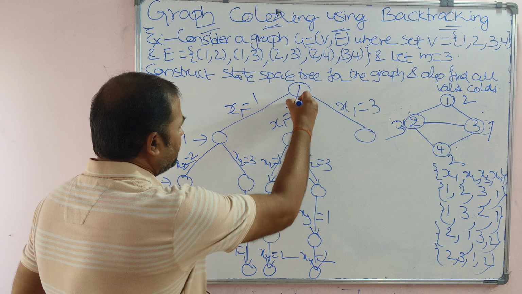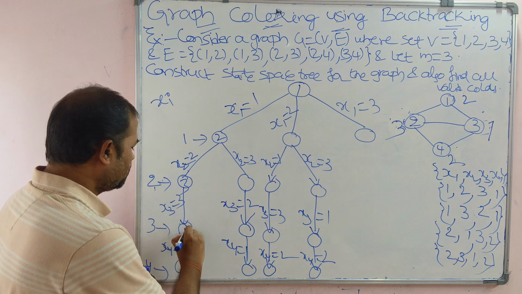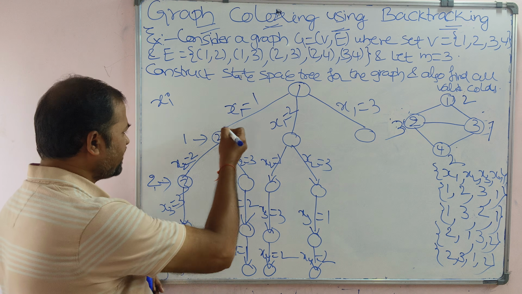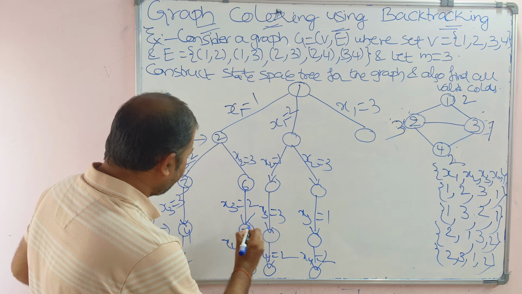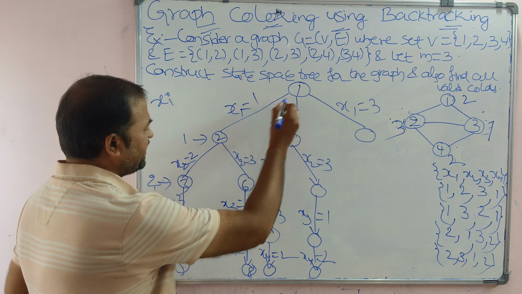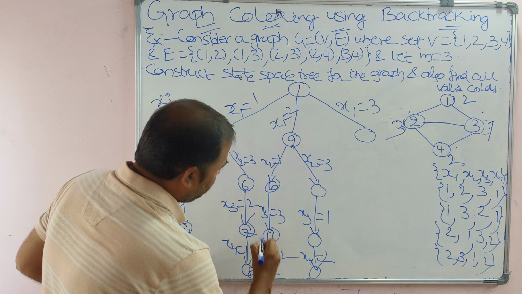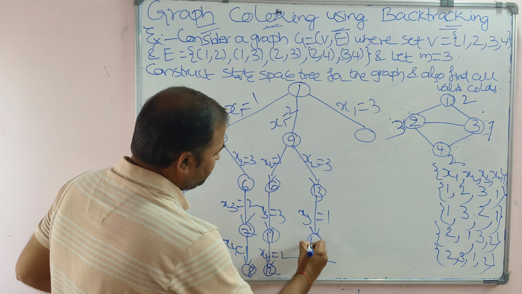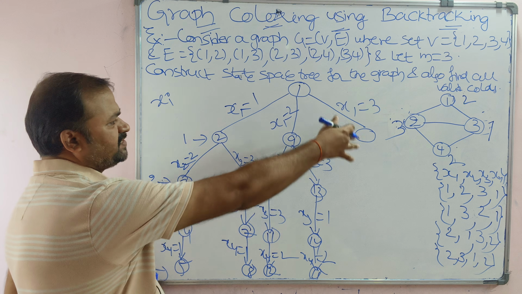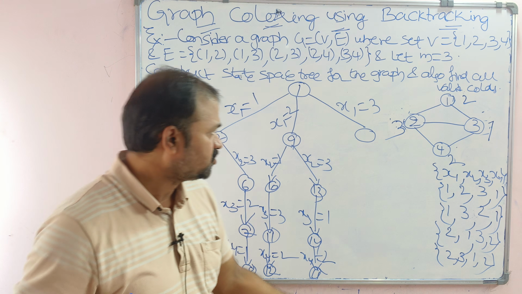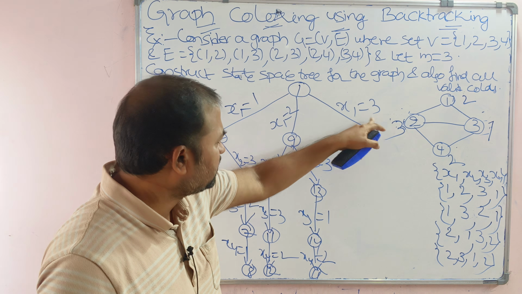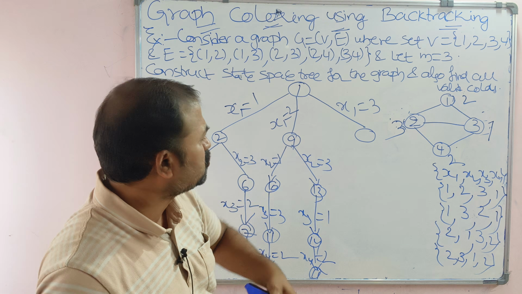Backtrack, backtrack. 12, 13, 14, 15. Likewise, we may get some more nodes here also. So explore the path here also. We will have 2 more solutions.